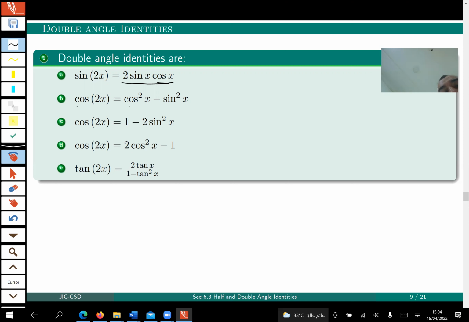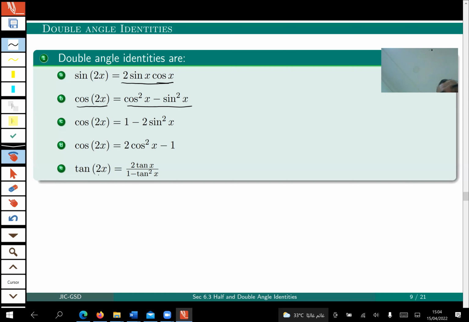Similarly, the cosine double angle, cosine 2x, is cosine squared minus sine squared, which means cosine squared of 30 minus sine squared of 30 is cosine 60. Cosine 2x has alternative identities: 1 minus 2 sine squared x, or 2 cosine squared x minus 1.